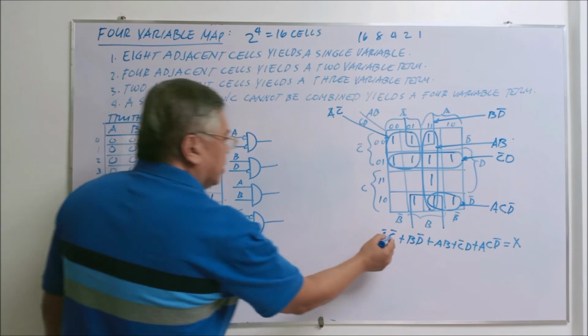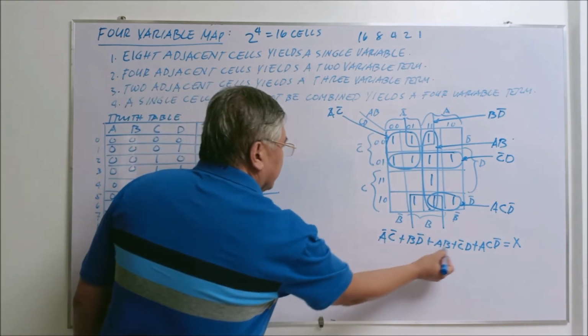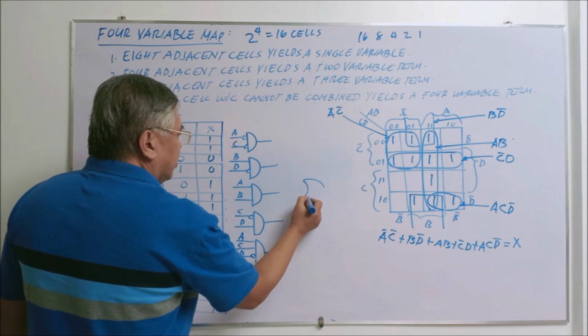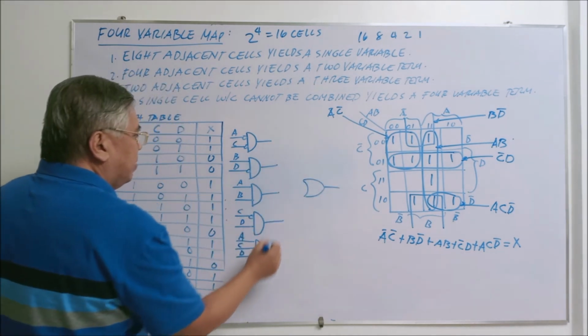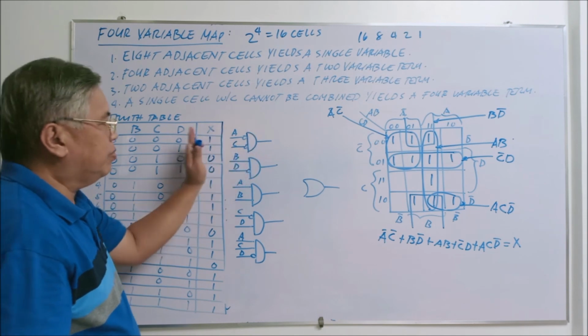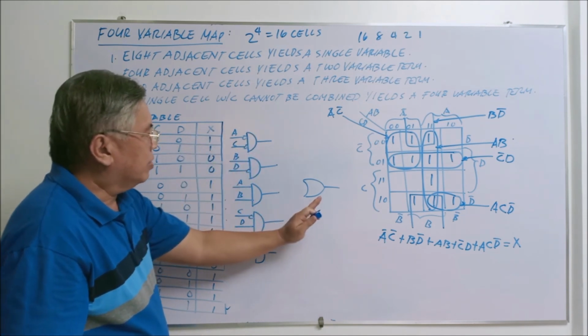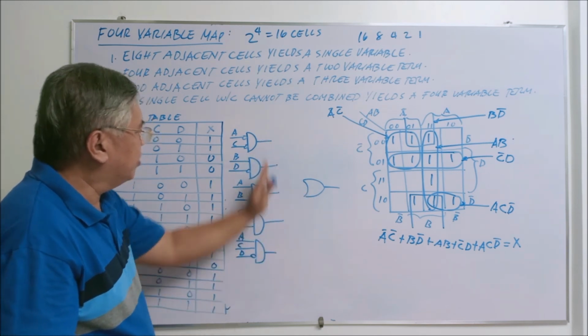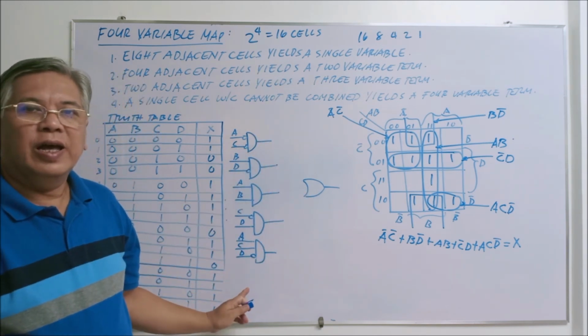So these AND gates are being ORed together. So you have here an OR gate. So even if you have many inputs here in this particular area, try to make the symbol for the OR gate as much as possible as big as the AND gate.